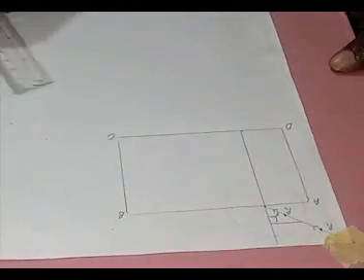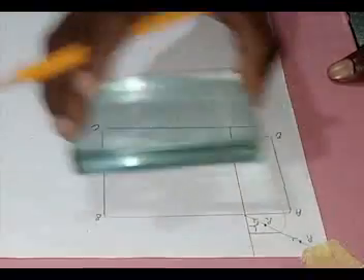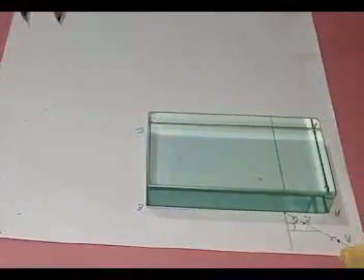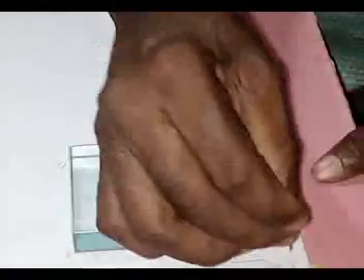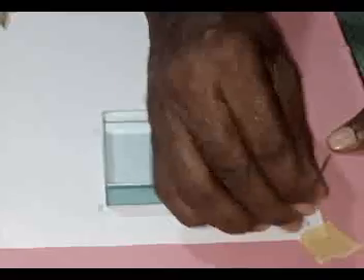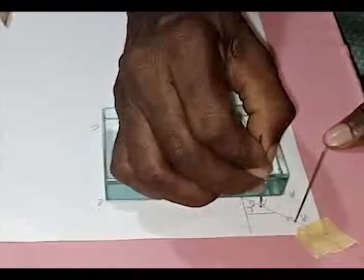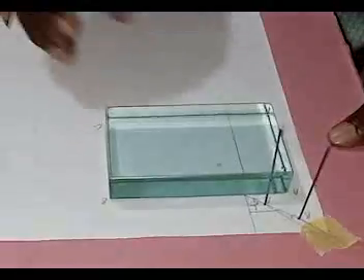Now, before that, you replace the prism, put pin 1 and pin 2 at P1 and P2.